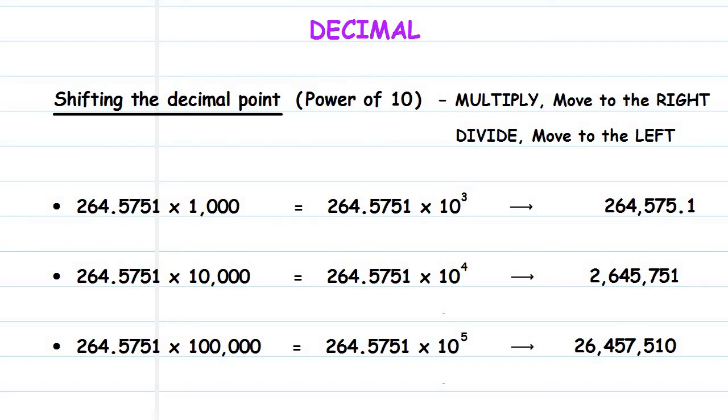If you multiply by a power of 10, move the decimal point to the right. Now let's try dividing a decimal by a power of 10. We're gonna try to divide that decimal number by 10,000, which is pretty much the same as 10 to the 4th. It can also be written as multiplying by 10 to the negative 4.